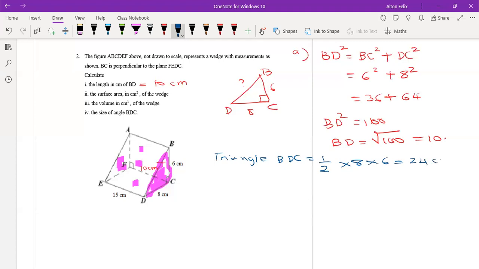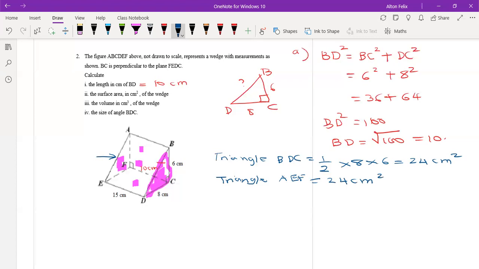So that's 24 cm squared. So triangle BDC will have the same area as the other triangle on the side right here, AEF. So this triangle will also be 24 centimeters squared.